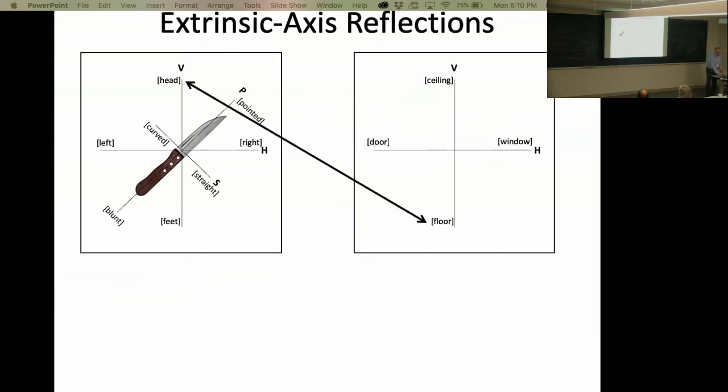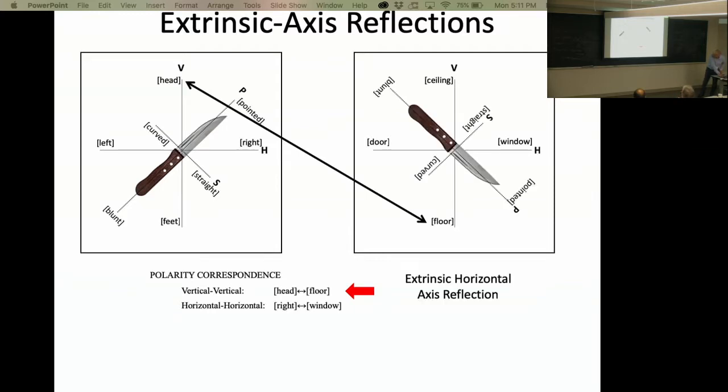And by similar logic, if I'm foolish enough to make a mistake in which I map the head end of my body's vertical axis to the floor end of the environmental axis, then I will end up making an extrinsic horizontal axis reflection. Like that.